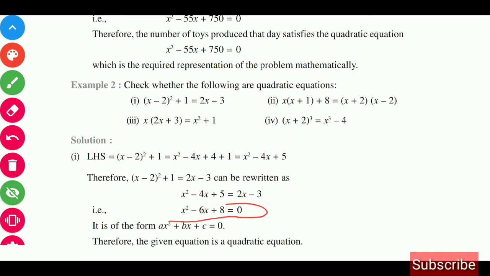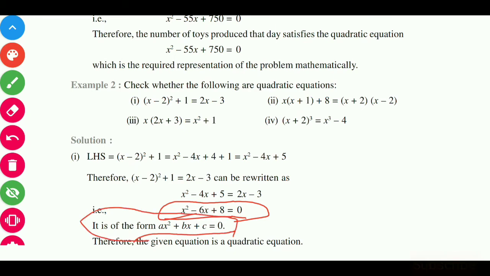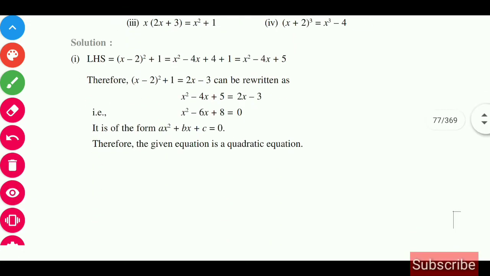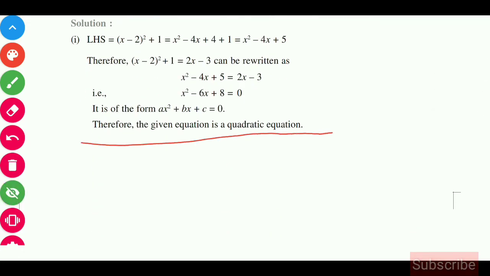Now since this satisfies the standard form of quadratic equation, that is ax square plus bx plus c equals to 0, therefore the given equation is a quadratic equation.